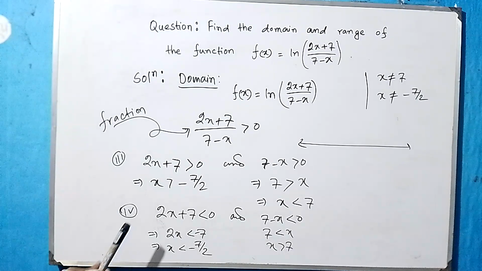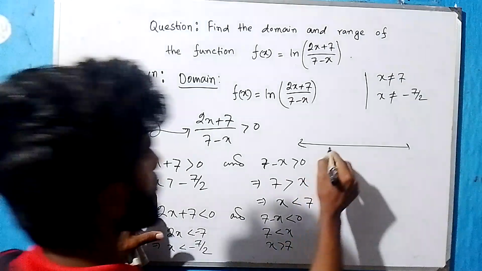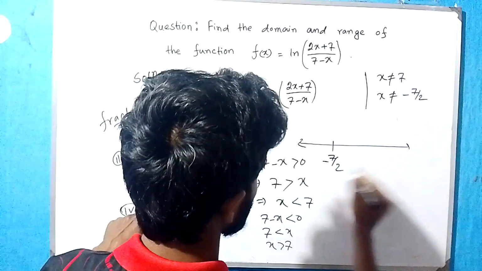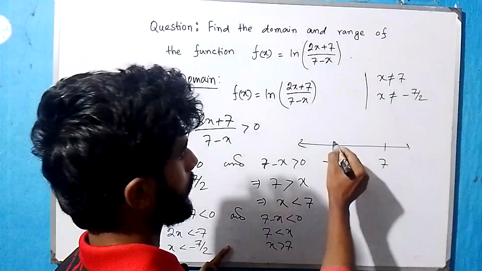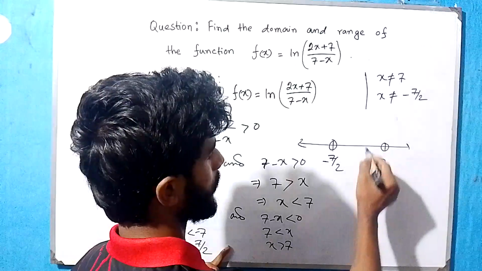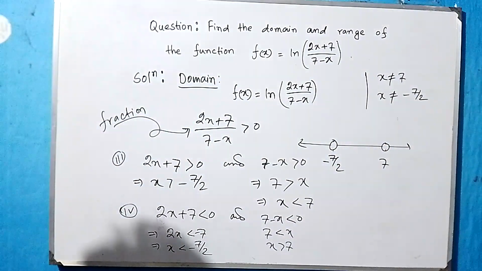Okay, so this is our negative 7 by 2 and this is our 7, and we know that these two values will be neglected.